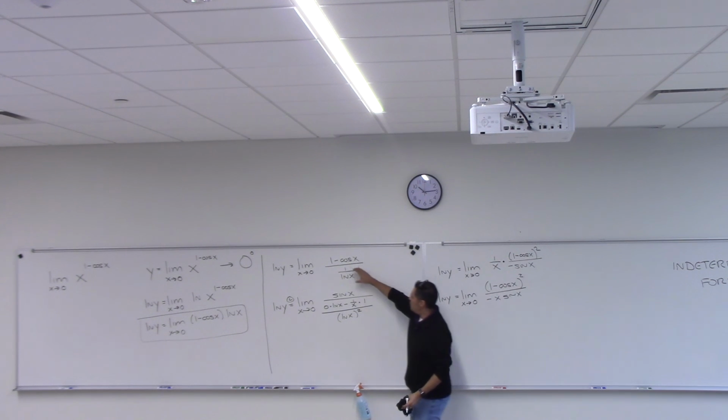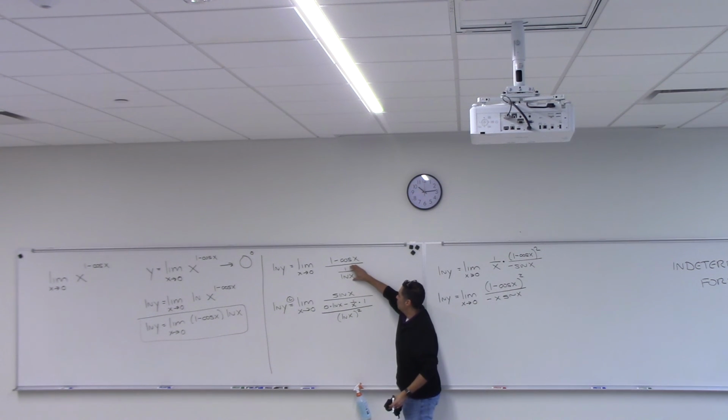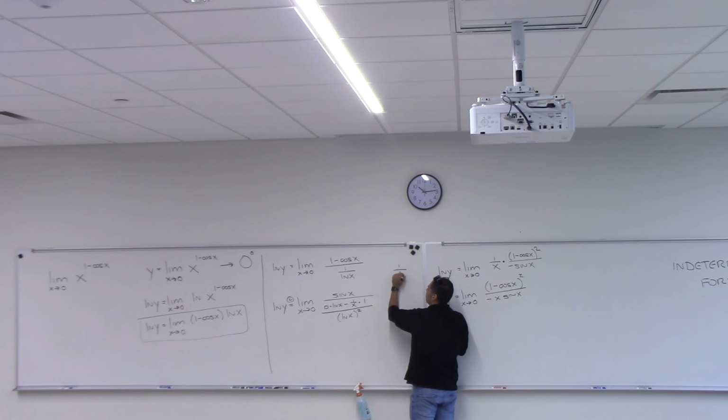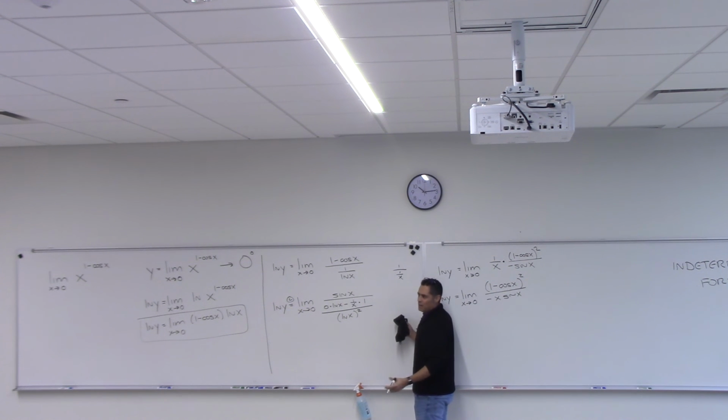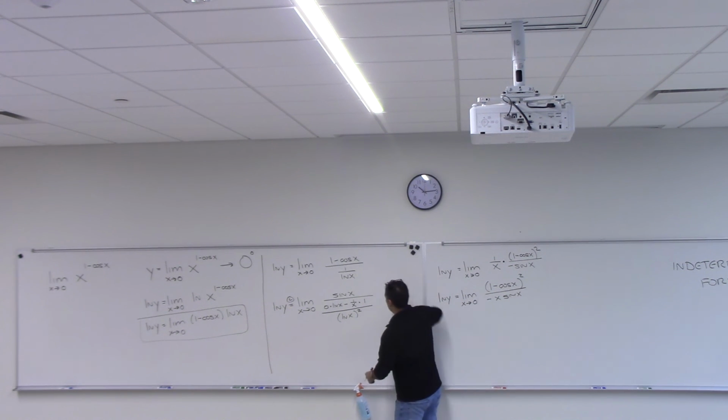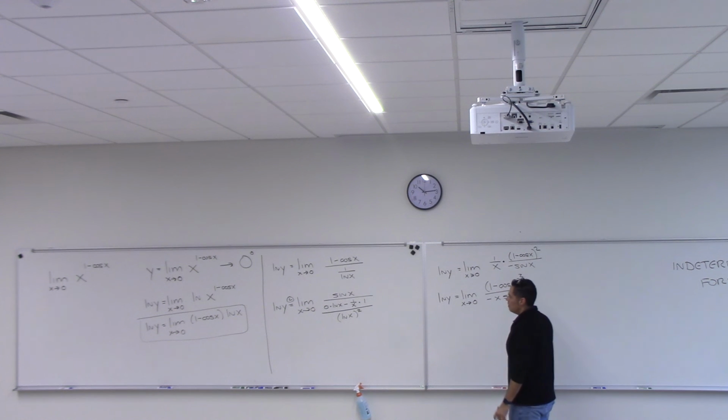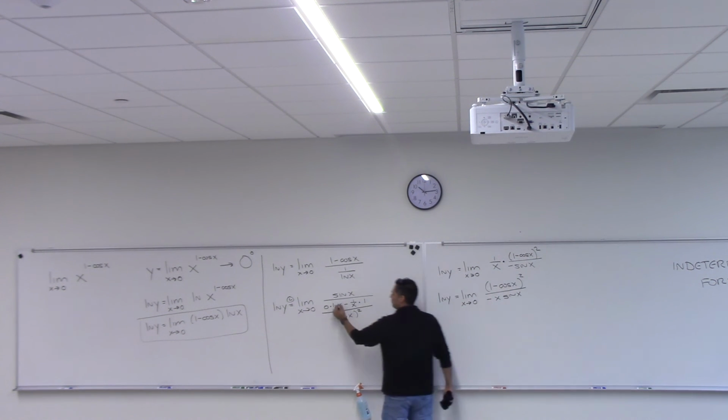The biggest mistake I see students make is they'll tell me that the derivative of that is 1 over x. That's not right. Okay, this goes away. That's just negative 1 over x, and then over that.